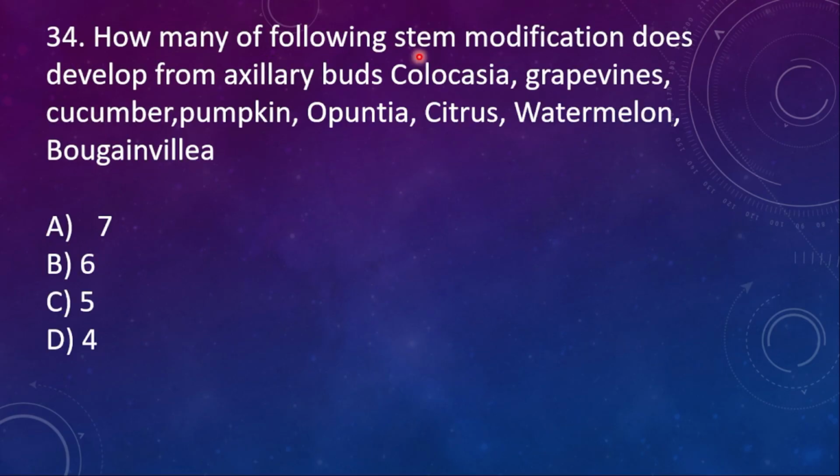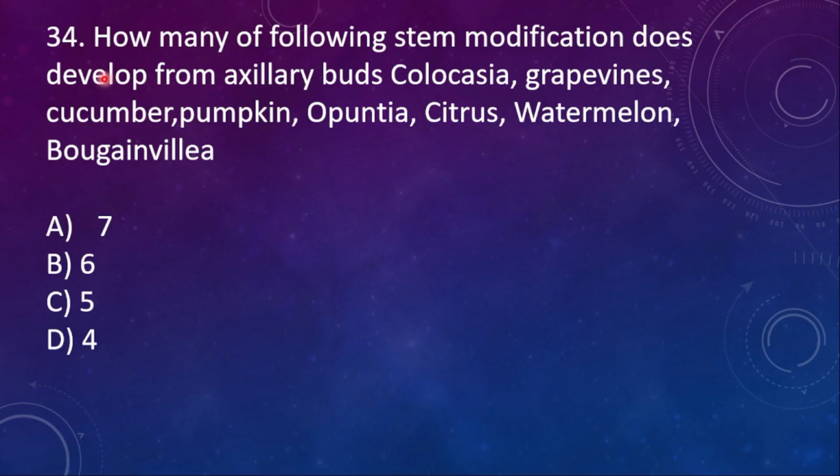34th, how many of following stem modification does develop from axillary buds? Colocasia, grapevine, cucumber, pumpkin, opuntia, citrus, watermelon, and bougainvillea. So among them, how many are developed from axillary bud?